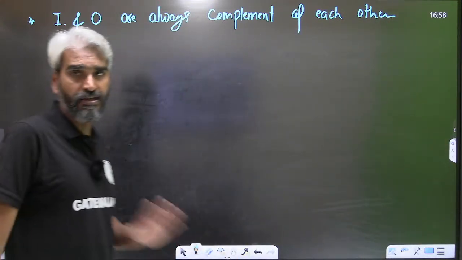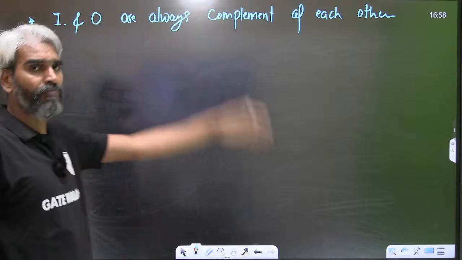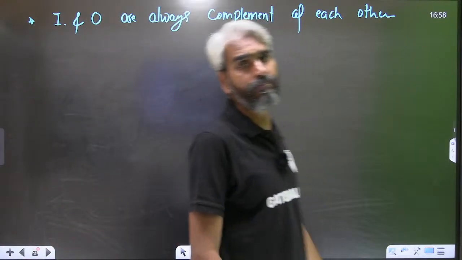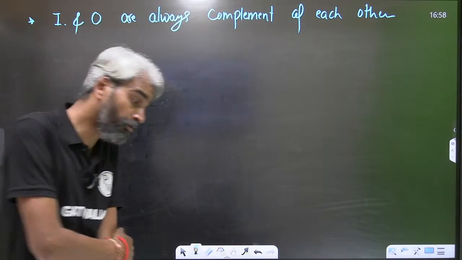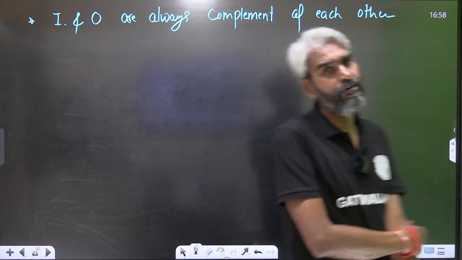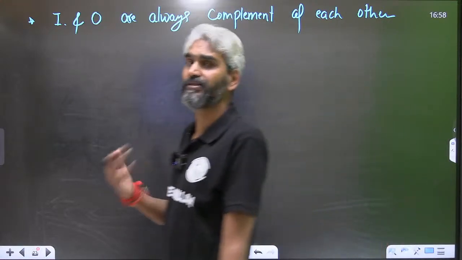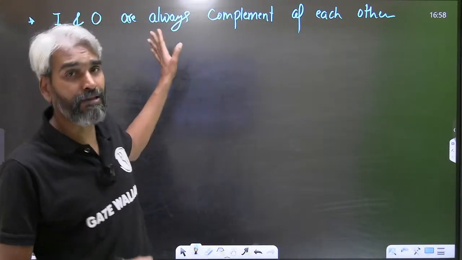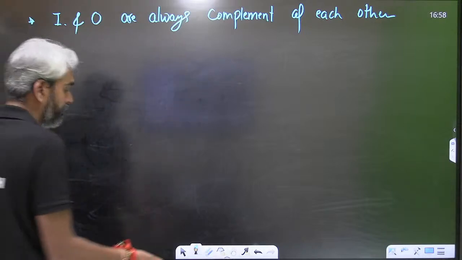It is guaranteed that the complement of I will be O and the complement of O will be I. That is, the complement of the universal lower bound will be the universal upper bound and the complement of the universal upper bound will be the universal lower bound. There will be no other complement for them.